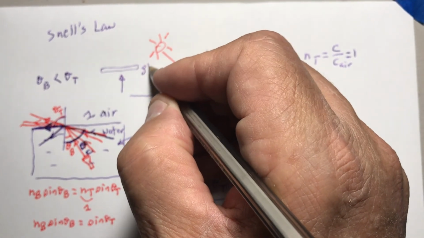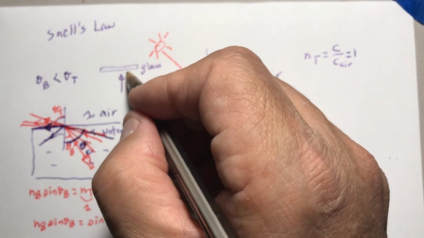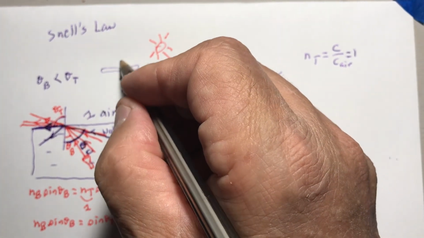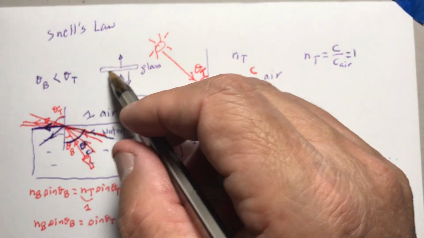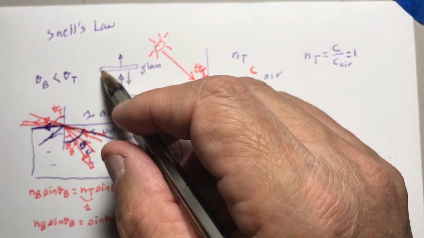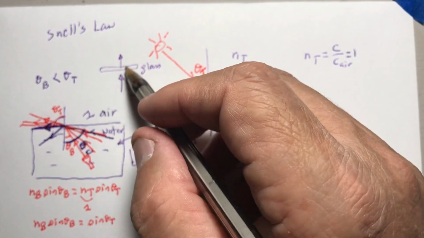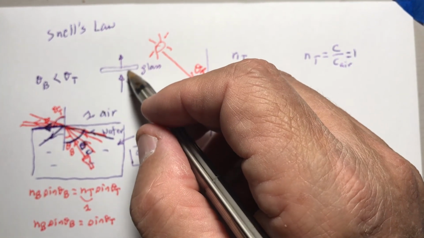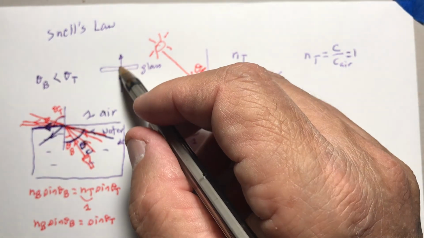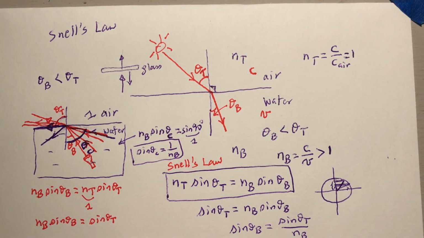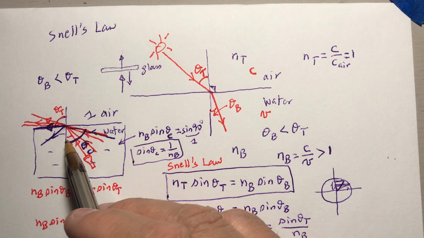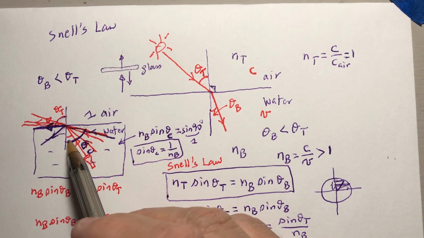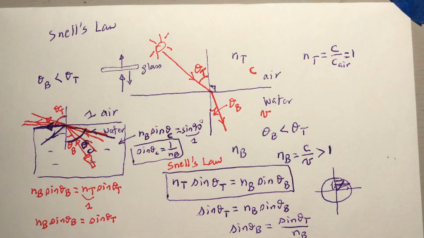This is glass. Some light will reflect and some light will go through. So if you have some medium like glass or water or some transparent material, some of the light will reflect, some of it will go through. So this Snell's law tells us the theta critical of this medium, for the water.